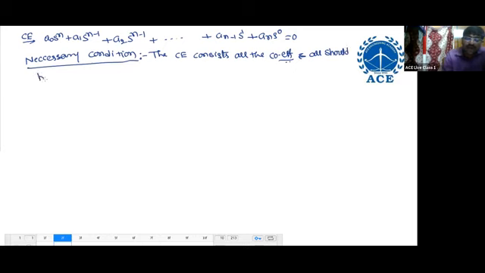Once it is satisfied, then you have to write the Routh array. After writing the Routh array, you have to check the sufficient condition.